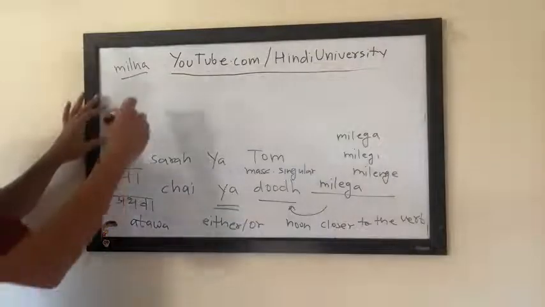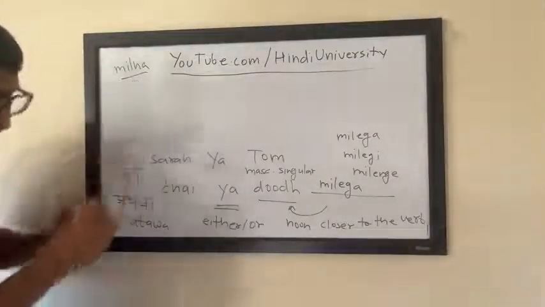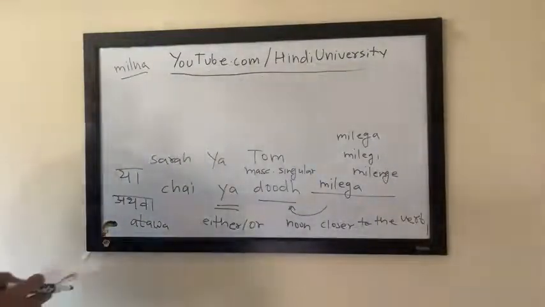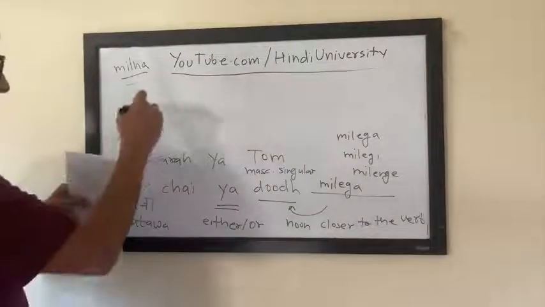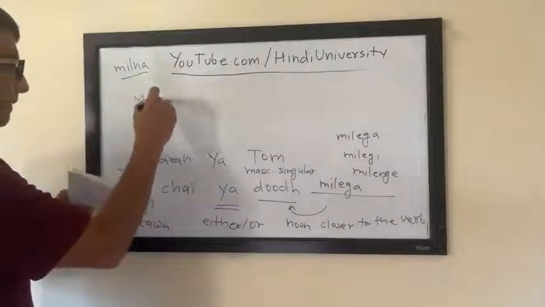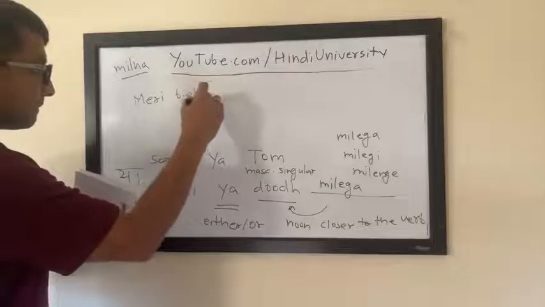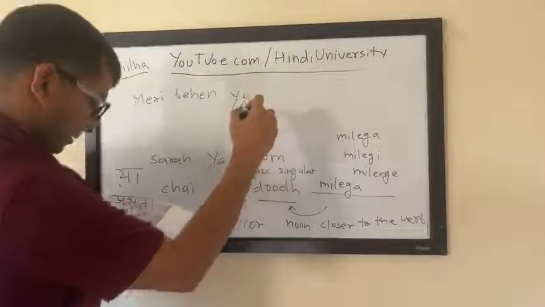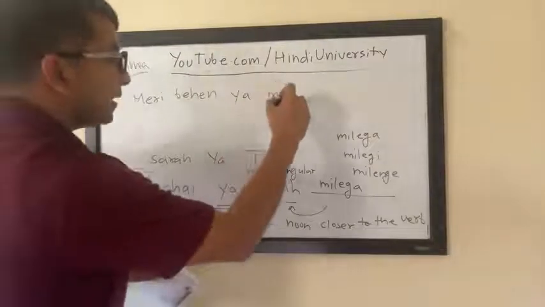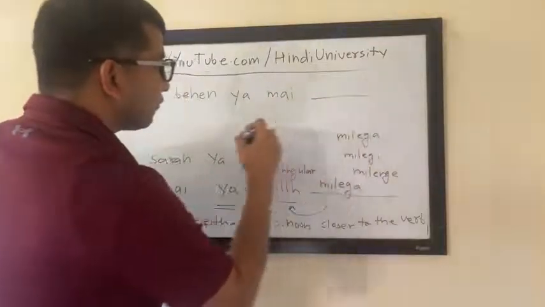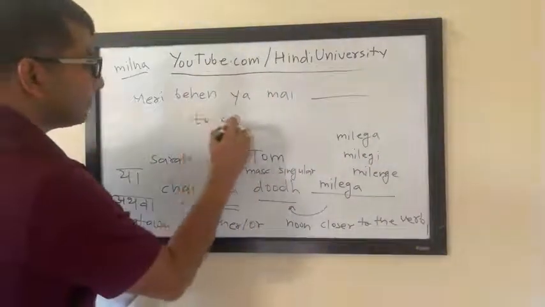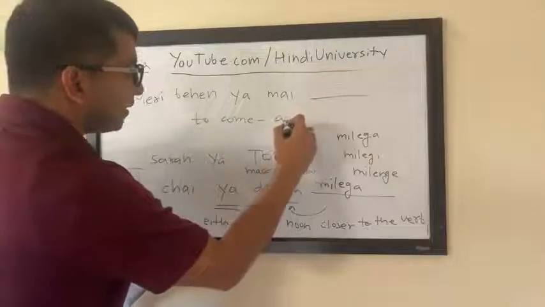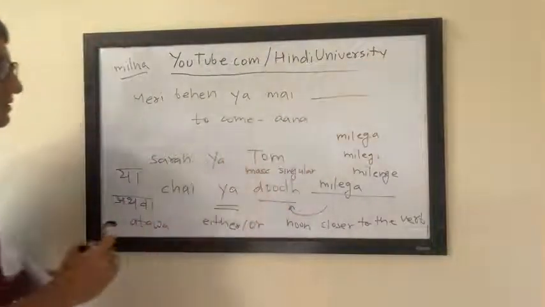Let's say the same thing, and the sentence is meri behan ya main, and you have to use the form of the verb to come, ana, in the future tense.